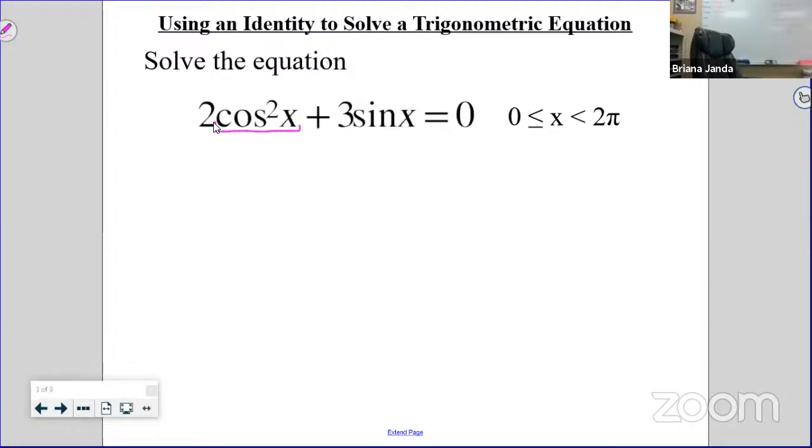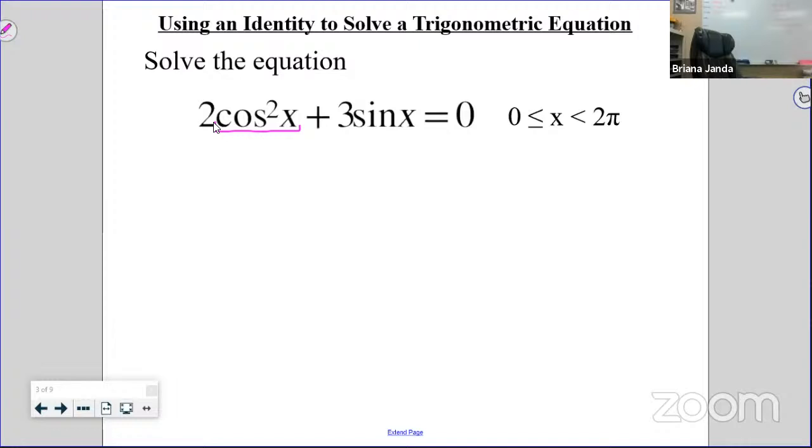Now, looking at my options, there are not a lot of options to replace cosine squared with. 1 over secant squared would be an option, but that does not seem to be helpful. The Pythagorean identity is actually where we're going to be looking for today. Your Pythagorean identities give us an option.